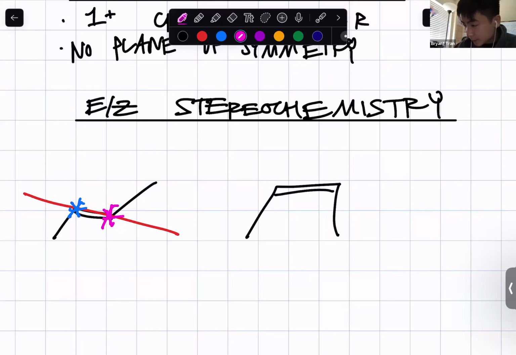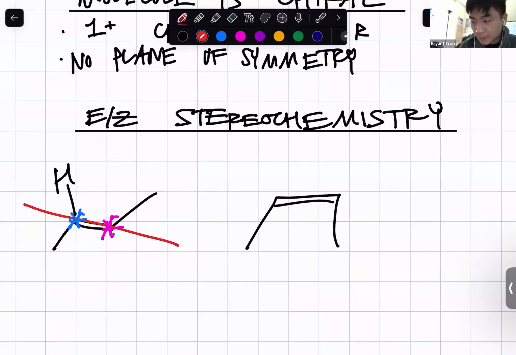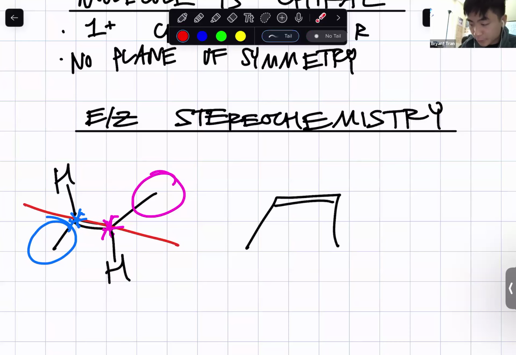This blue carbon has a methyl group and a hydrogen, and we do the same priority like we did with R and S. We look at the first atom and see which one has the higher atomic number, which in this case is carbon. So for the blue carbon, I'm going to circle the highest priority group, which is this methyl group. The pink carbon also has a methyl group and a hydrogen, and the methyl group has the higher priority, so I'm going to circle that one.